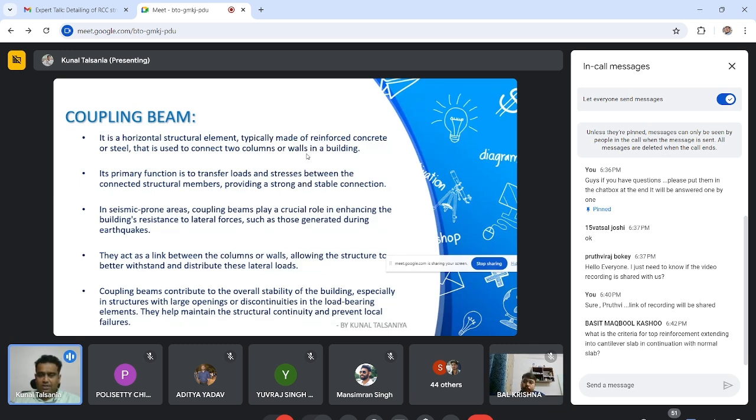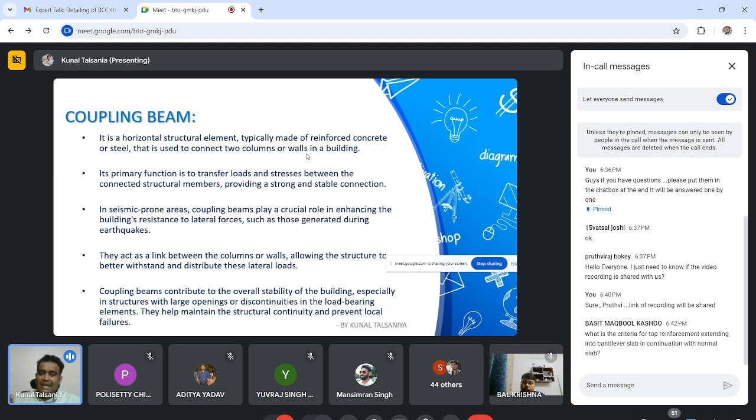Its primary function is to transfer load and stresses between the connected structural members, providing a strong and stable connection. In seismic prone areas, coupling beams play a crucial role in enhancing the building's resistance to lateral force, such as those generated during earthquakes.